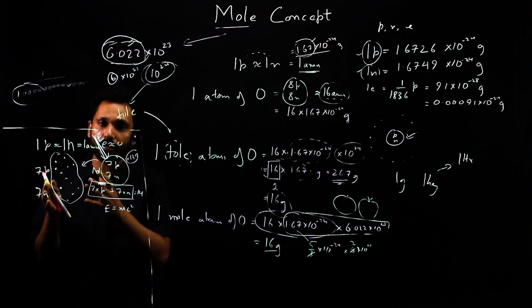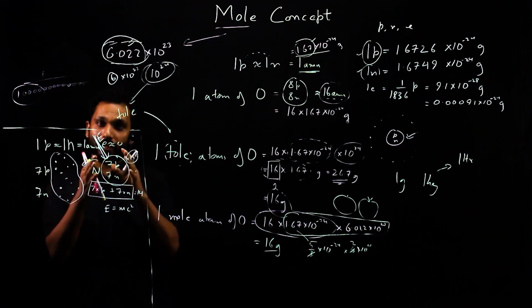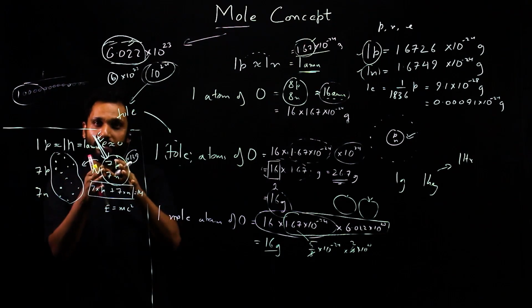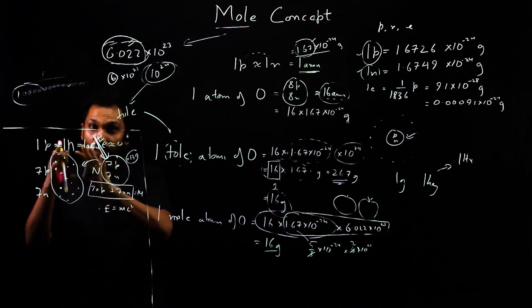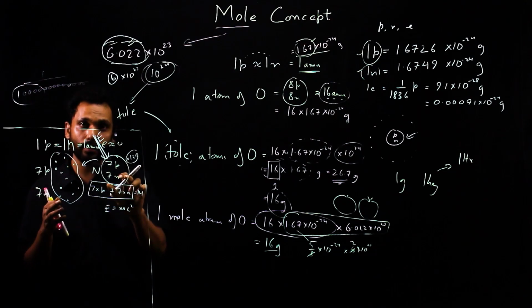So what happened to the energy? What happened to the conservation of energy? Where's the energy gone? So the energy was used to break it. Now when it is broken, it is more massive. This part is more massive than what it was together.